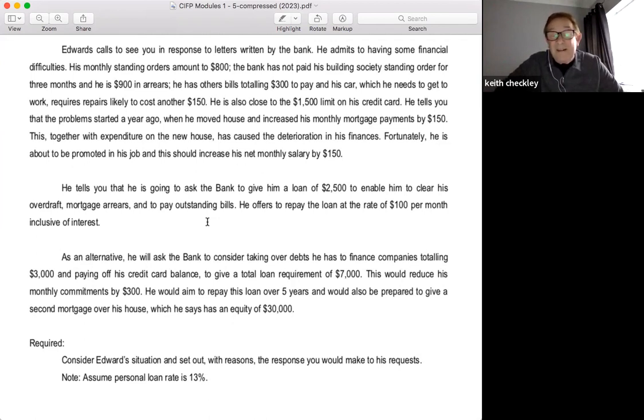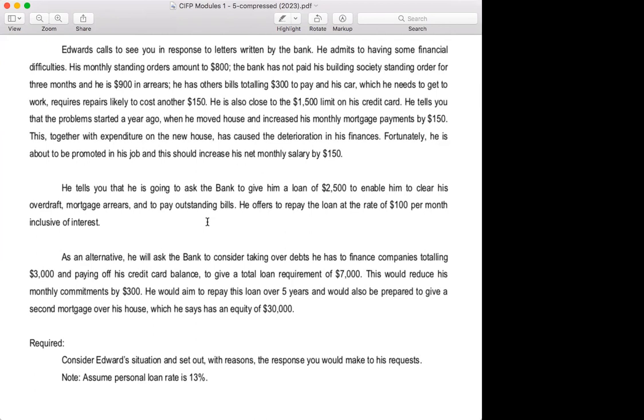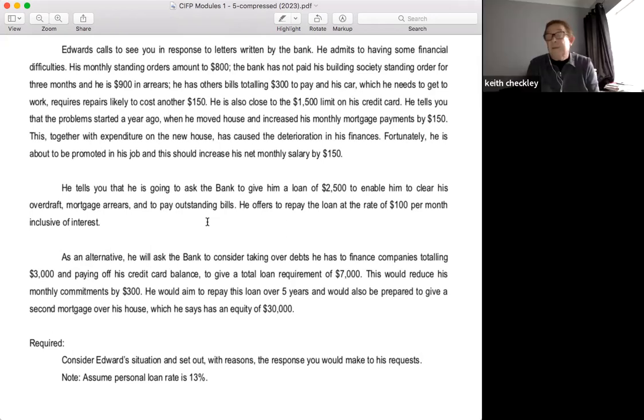The second one, I'm not suggesting that Edwards is going to go bust, but the second one is more of a clearing of the position. Some people call this consolidation, don't they? The consolidation technique. So again, the words are different. We've just got to make sure that we're on the same page in terms of what we're trying to achieve.